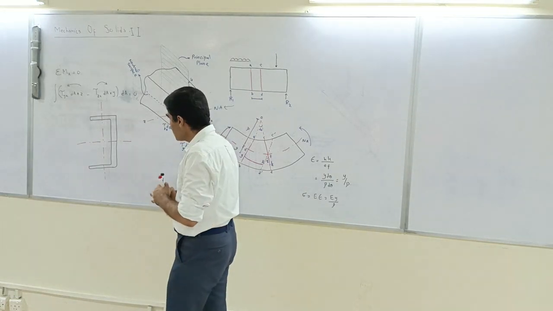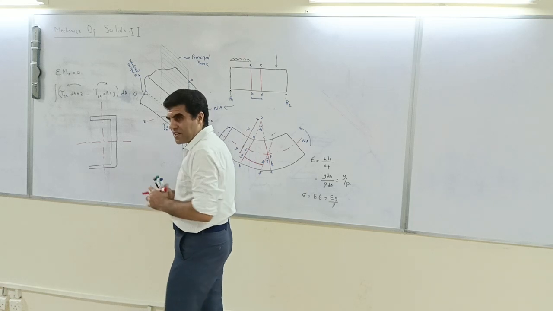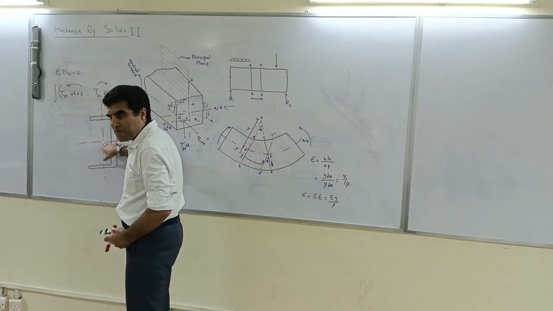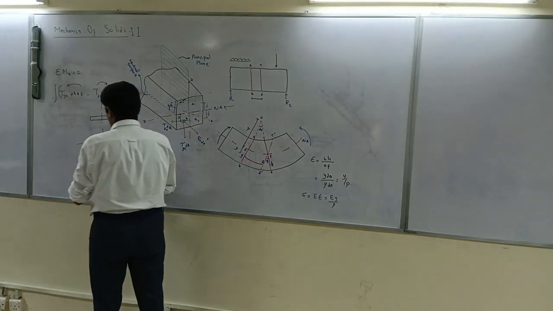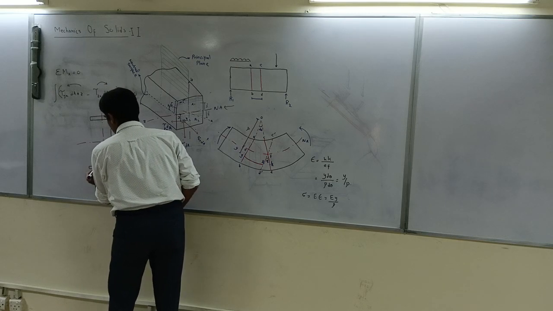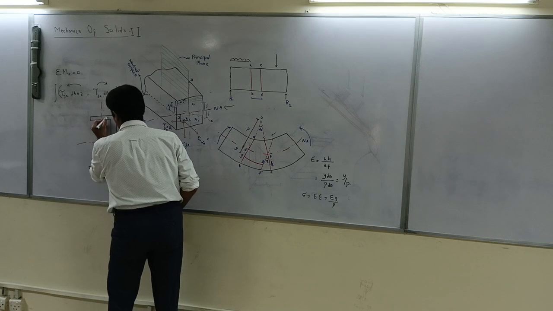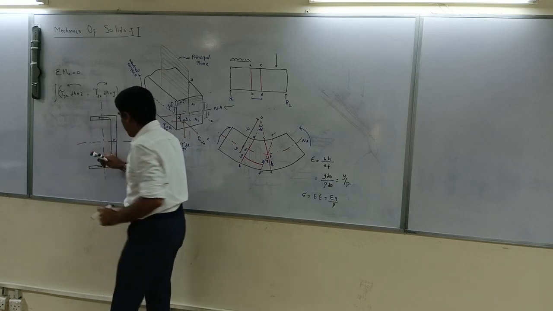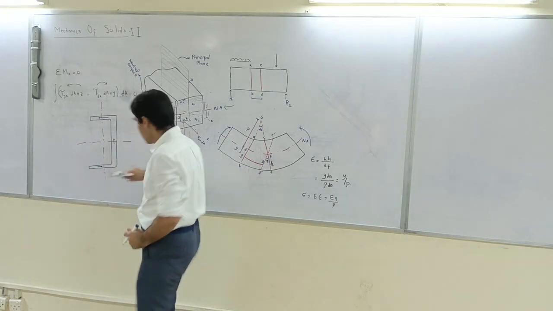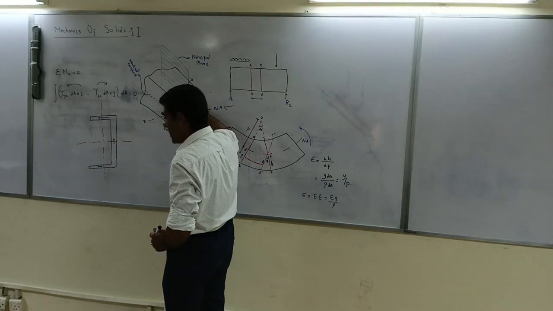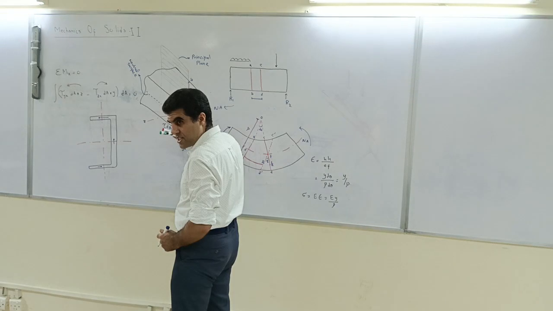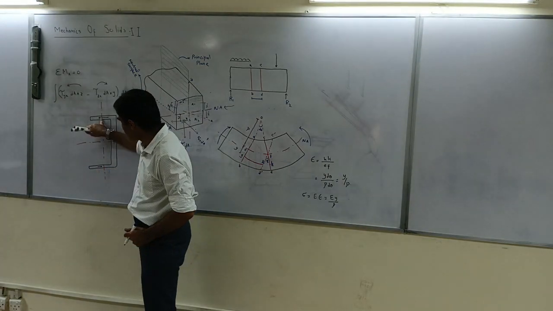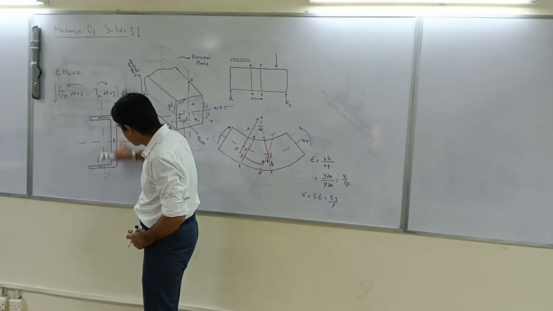Now in the channel section, the moment about this point must be equal to 0, isn't it? So we will have some force in this direction, like as we have force in this direction. Okay? So there is tau yx, so force is in this direction, isn't it? So we have some force in this direction, some force in this direction. That's how the shear will flow.